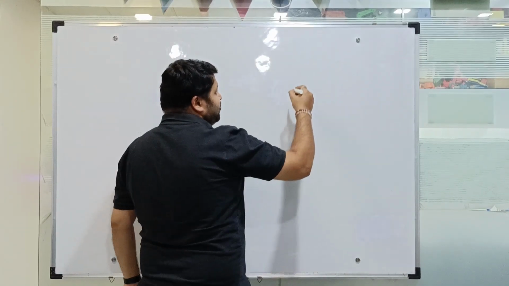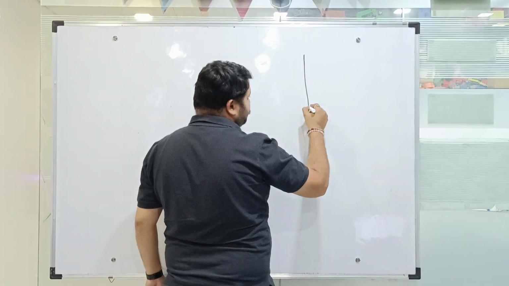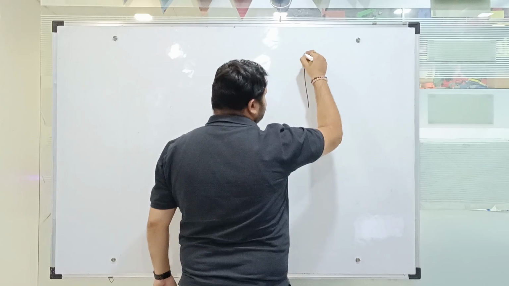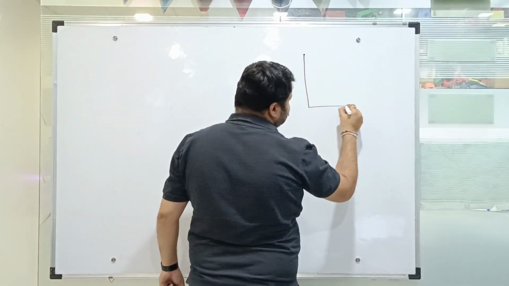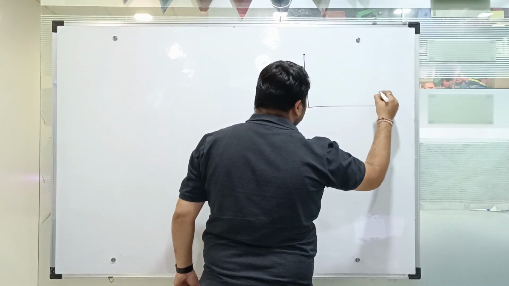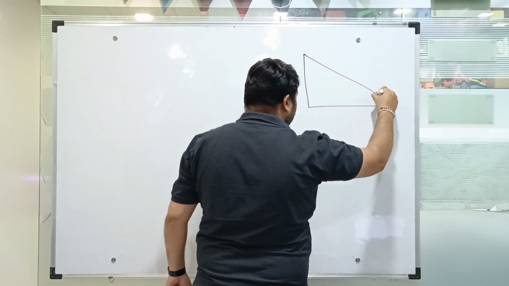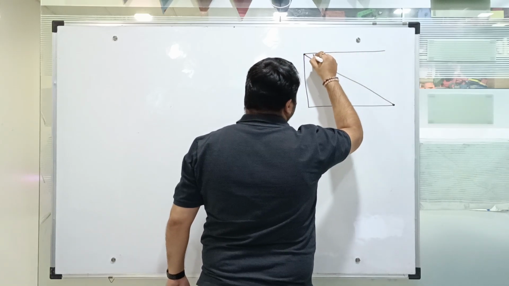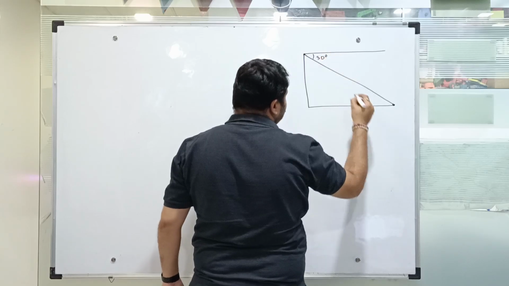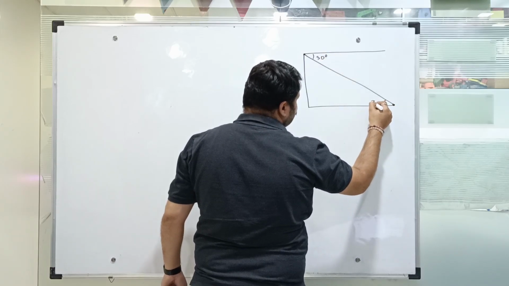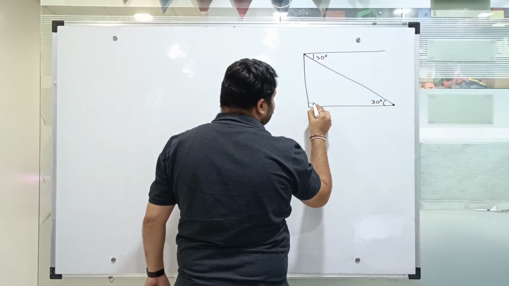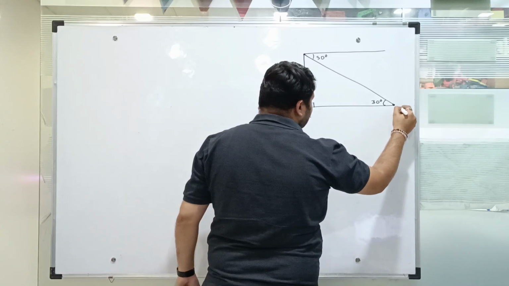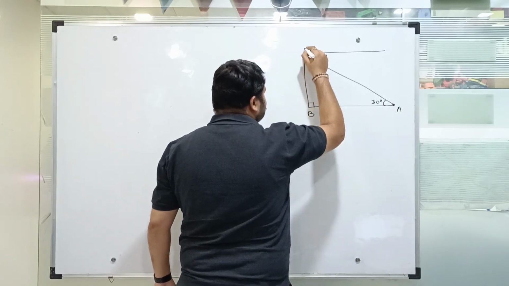Now here we have a building that is 40 meters tall and the observer is up here and he is observing a scooter which is parked here, and it's making an angle of depression of 30 degrees. Now if this angle is 30 degrees, then this angle would also be equal to 30 degrees. This is my right angle triangle here. I can say it is ABC.